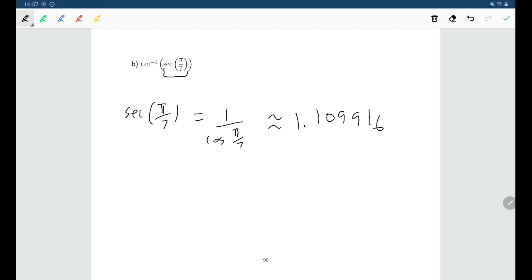So tangent inverse of secant of pi over 7 would be, using second function tangent, tangent inverse of 1.109916, and I get as my answer about 0.837446, so 0.837 approximately.